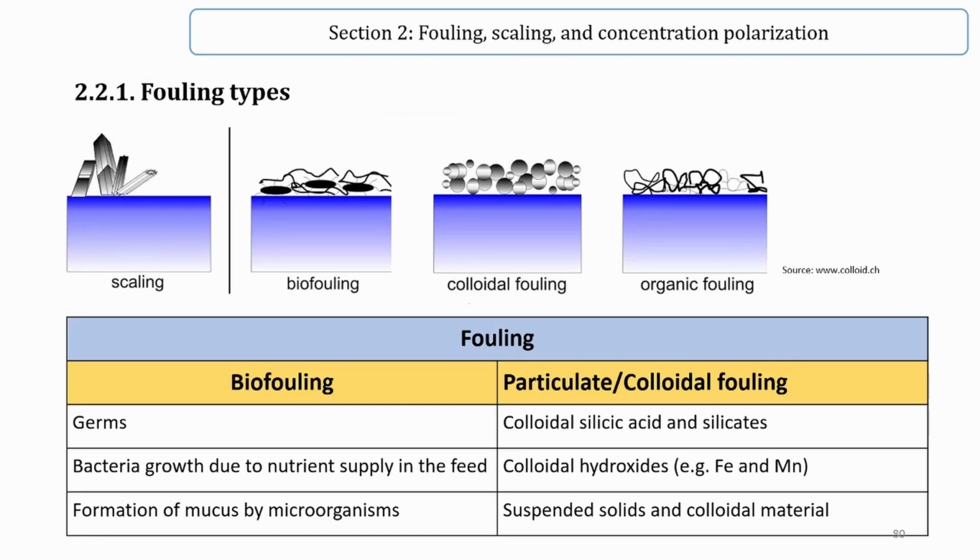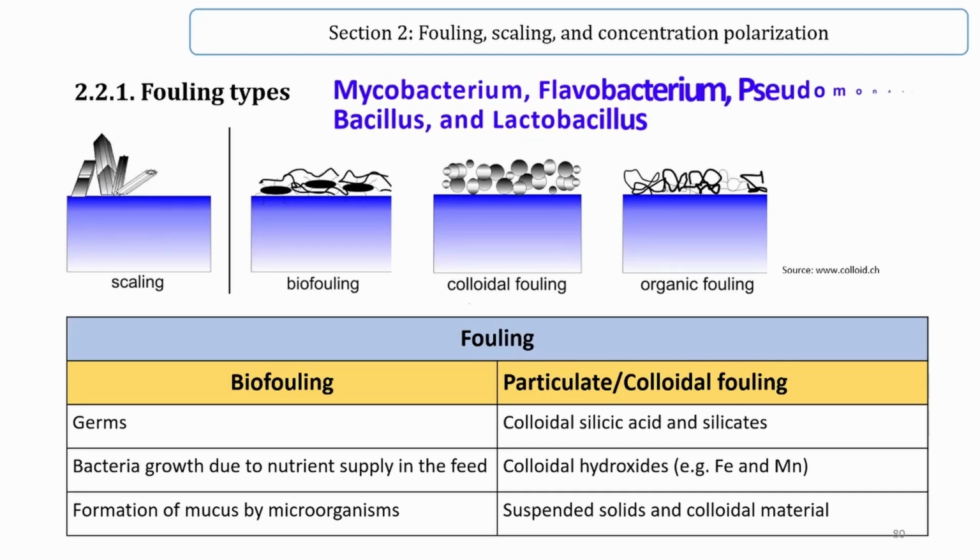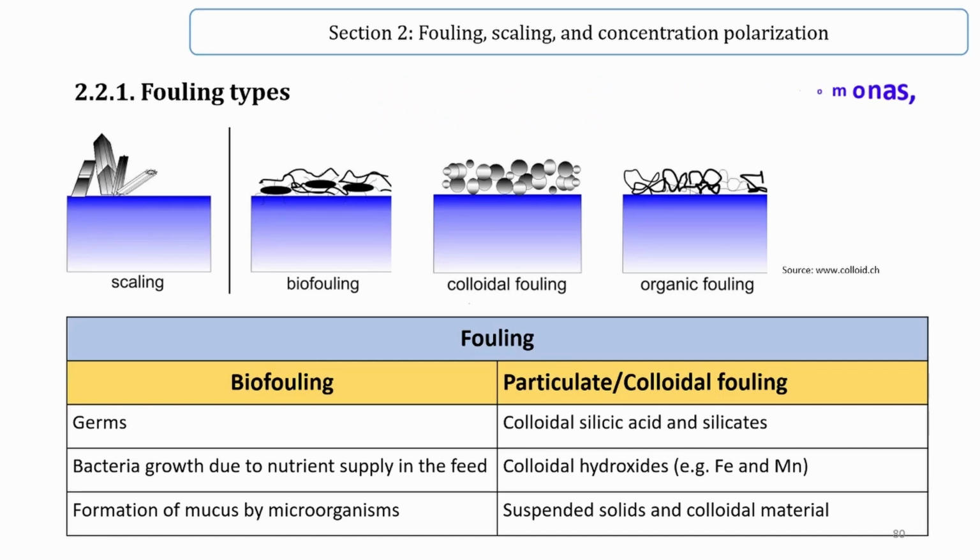In general, the attached microorganisms tend to grow rapidly by forming a biological film at the expense of nutrients in the feed. Among the microorganisms that have potential to form biofilm on the membrane surface are Mycobacterium, Phyllobacterium, Pseudomonas, Bacillus, and Lactobacillus.